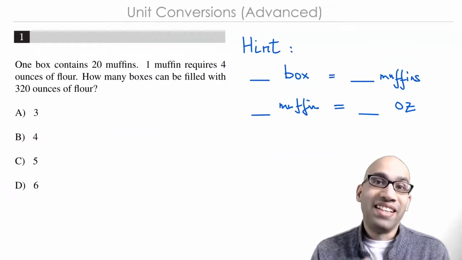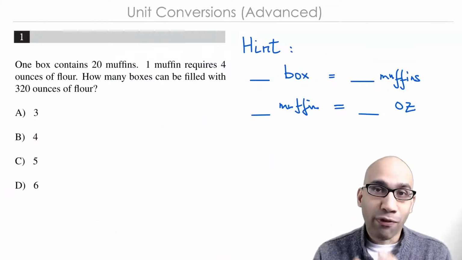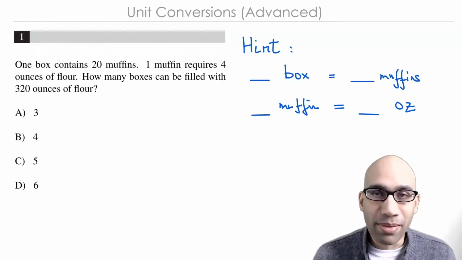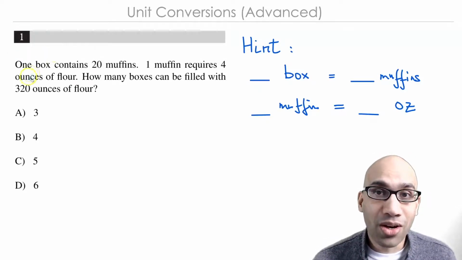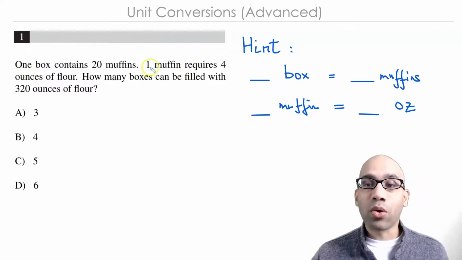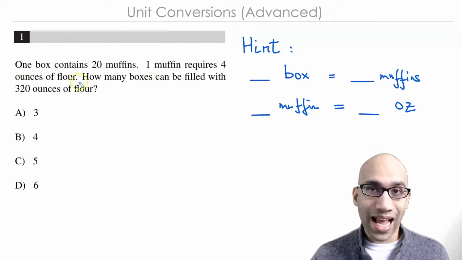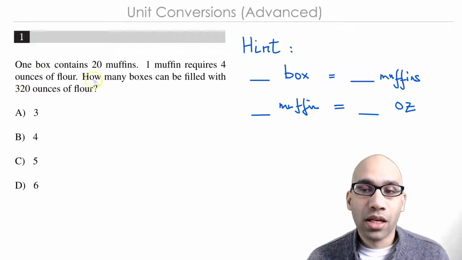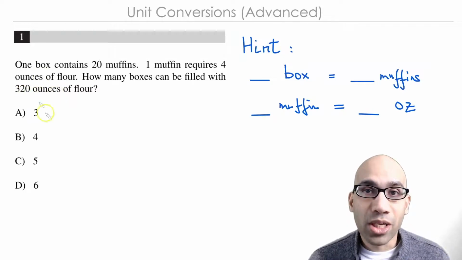Now you try this very simple hack for an extremely complicated problem, which usually takes people more than 3 minutes. So the first thing you're gonna try is 1 box is 20 muffins. So write down that correspondence. Then write down the second correspondence. 1 muffin requires how many ounces of flour? Write that down over here. And then you're asked how many boxes can be filled with 320 ounces.